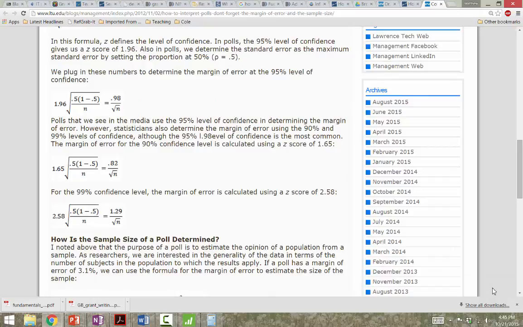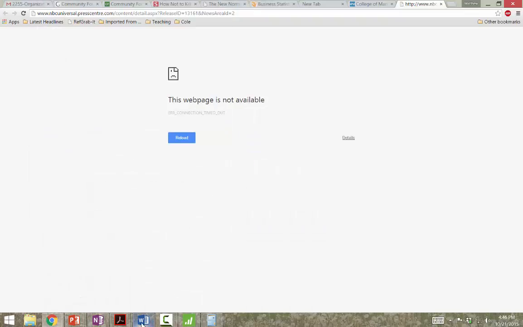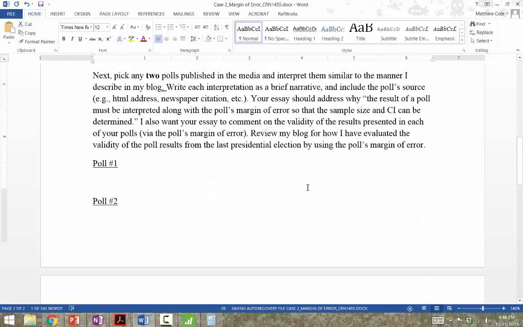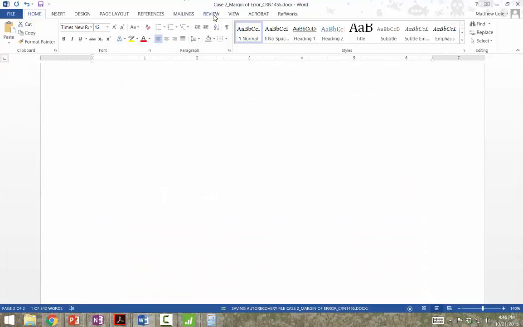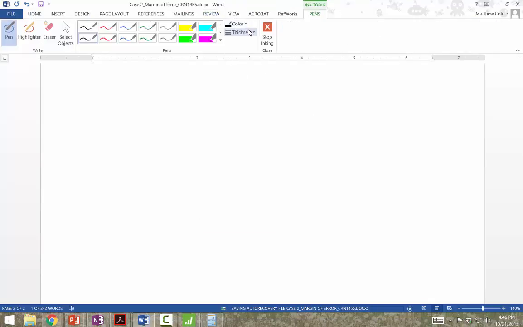So let's take that and see if we can figure out what the sample size from that was. Okay, we'll come back over to here. Let's bring out our pen. All right, so what did we say? We said the margin of error was 3.1 percentage points.